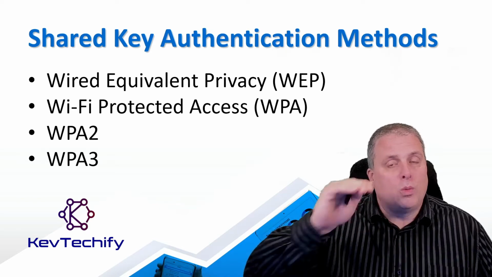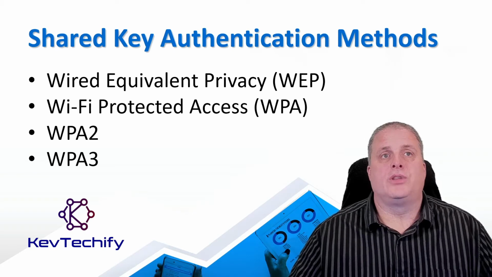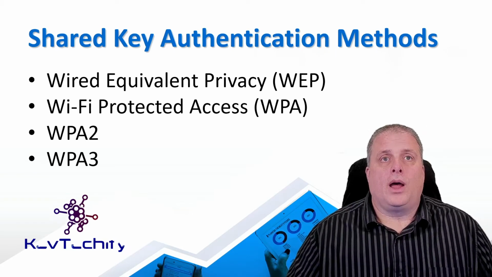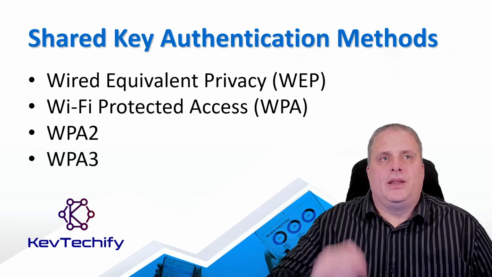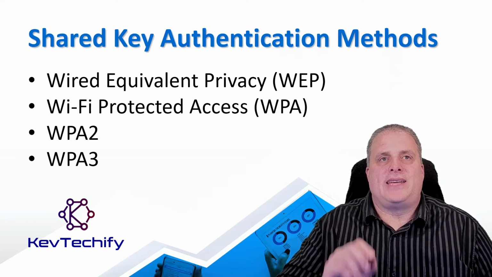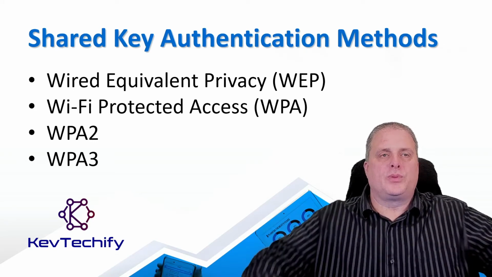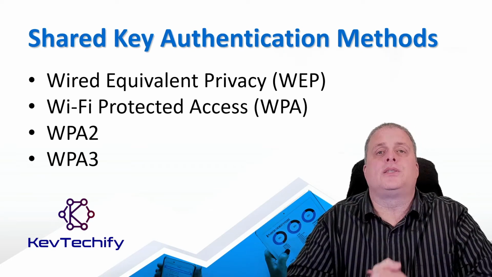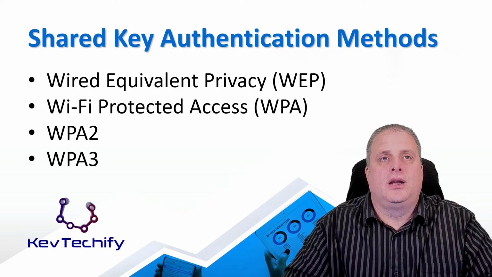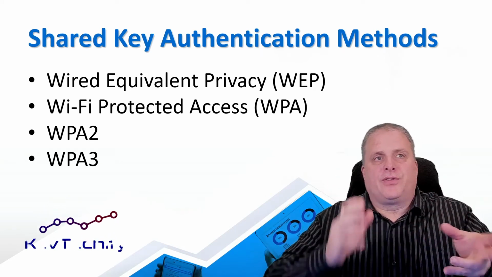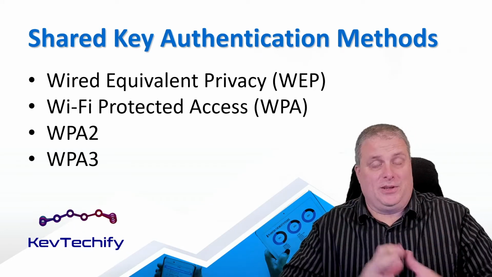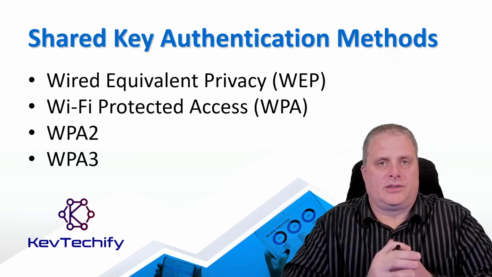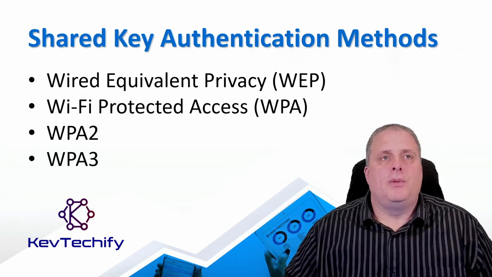Most companies won't allow you to use just plain old WPA, and it is much better than WEP. It uses TKIP, the Temporal Key Integrity Protocol. It's a more robust way of encrypting our data. TKIP changes for every packet, making it much more difficult to hack, but yet it still isn't. And like I said, it has been deemed insecure.